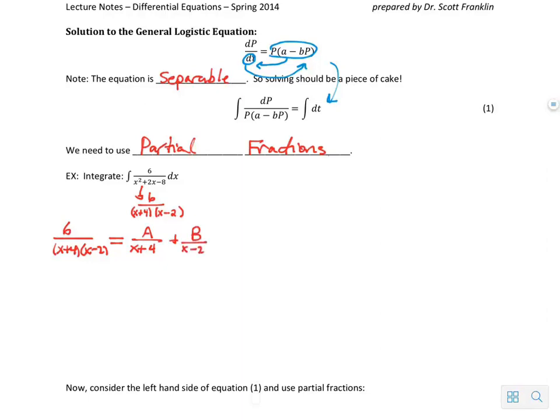And the goal is to find what the A and B are. Vaguely familiar? Knocking those cobwebs off up there. What I do is I simplify this by multiplying through by the common denominator and write this as 6 equals A times (x minus 2) plus B times (x plus 4). I am thinking of this as multiply through by (x plus 4)(x minus 2).